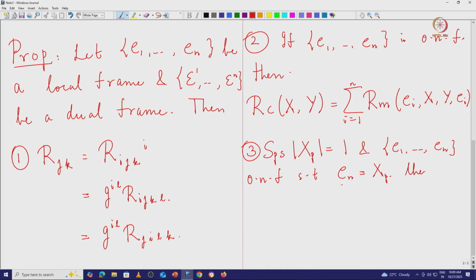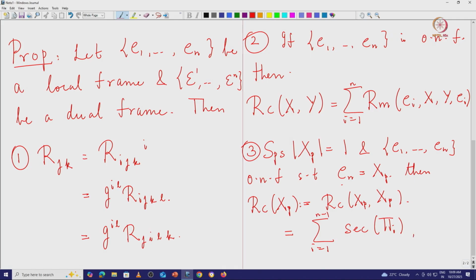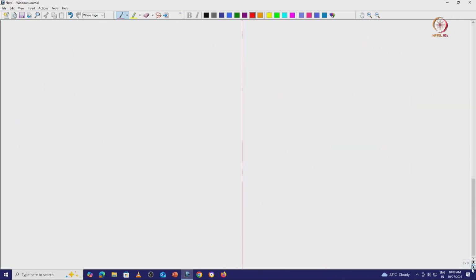Then if you look at the quadratic form associated to the Ricci tensor, so by definition this is simply Ricci of xp comma xp, then that can be computed in terms of the sectional curvature. It is just the summation of the sectional curvatures of these planes pi i, where pi i is simply the plane spanned by Ei and En.